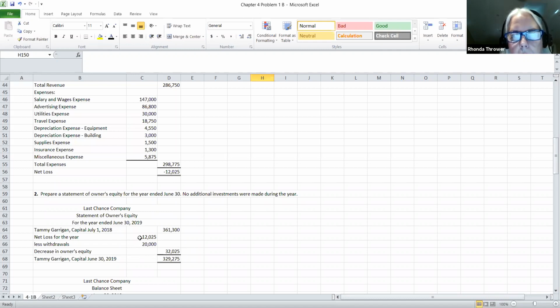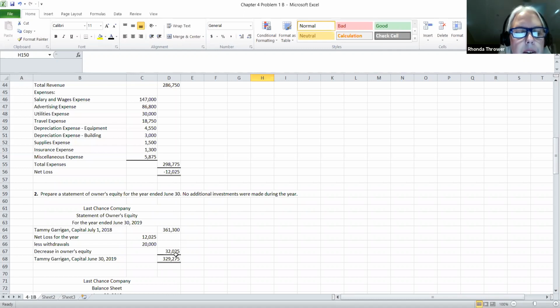We had net loss, which was a negative, and we are showing that we had some withdrawals that were made by the owner. So the owner's equity total amount decreased by $32,025 in this problem. The decrease in owner's equity would be subtracted from the beginning owner's equity balance, and what you have left is the ending owner's equity for this year.